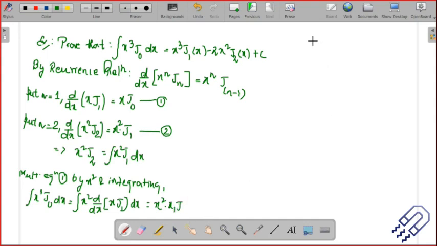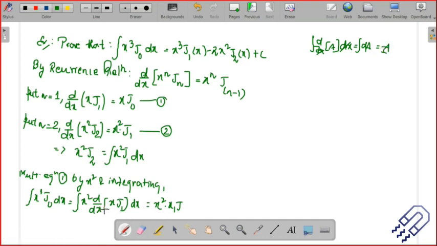I hope you know these things. Integrate d/dx of, let's say, a term a with respect to dx. You can always cancel this out, d of a. That means it is simply the integration of d of a, so that's a. That is what we are doing here.